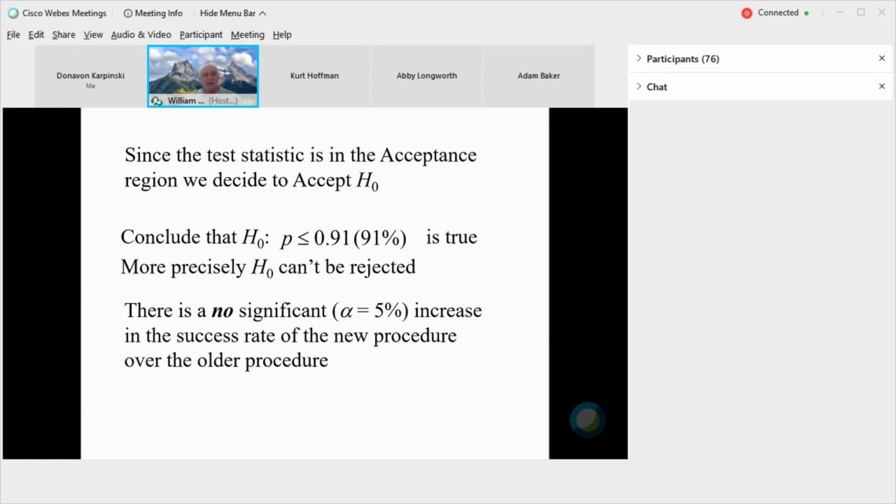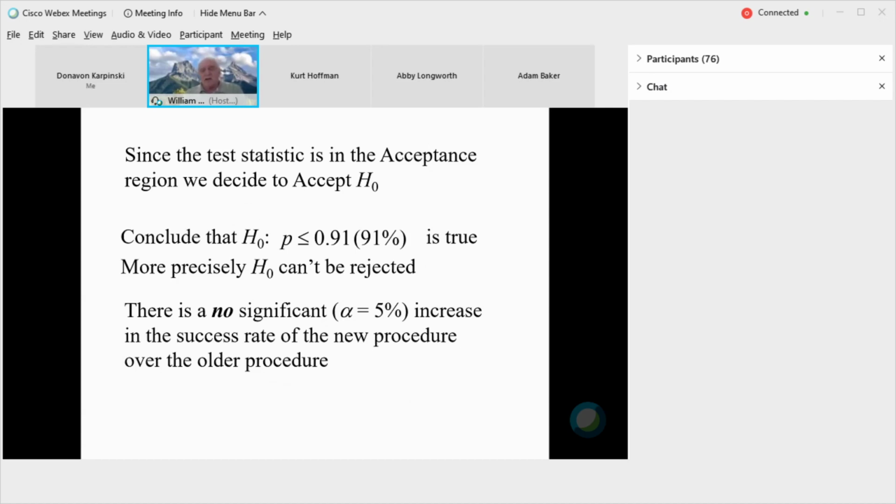It's like in a jury trial, you have to have 12 out of the 12 jurors vote guilty before the person is declared guilty. That procedure can make a mistake and declare a person innocent when he's actually guilty.